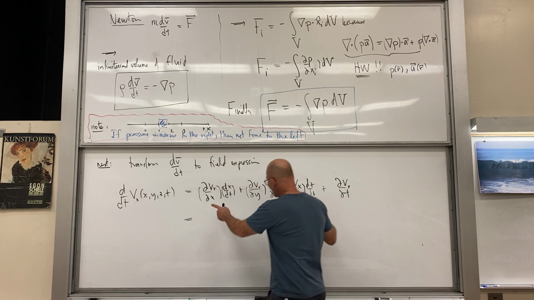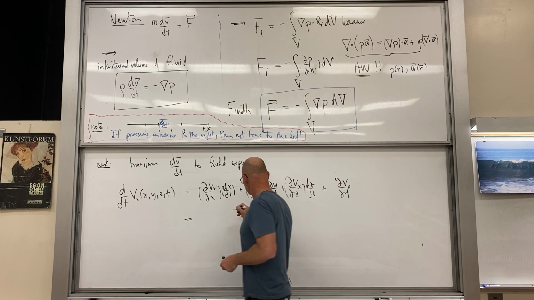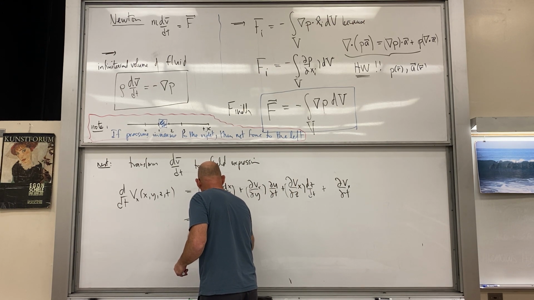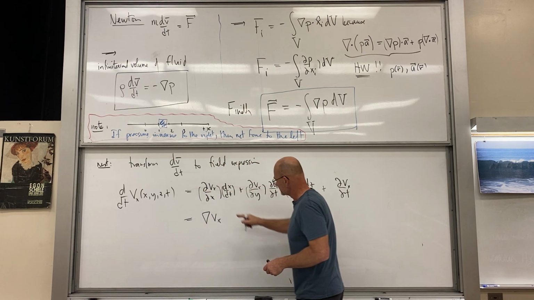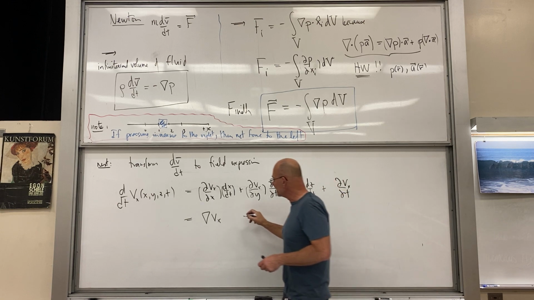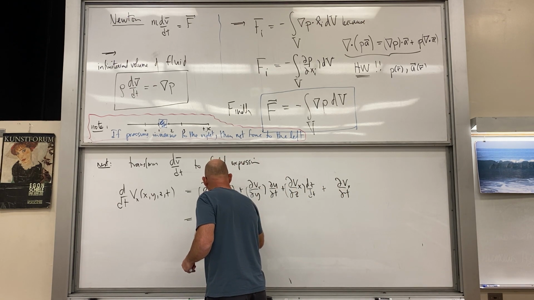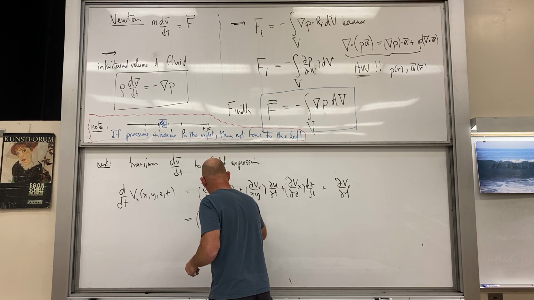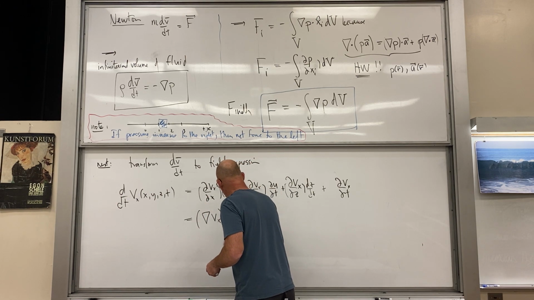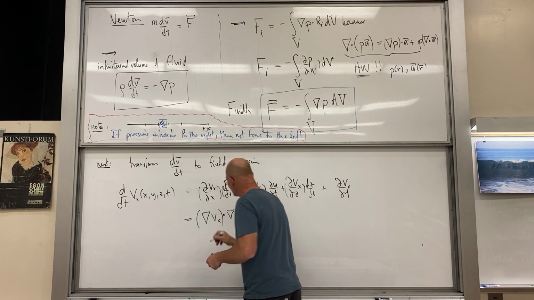And then we have a scalar product here between what we could call the gradient of Vx, dVx dx, dy, dz, dotted into the vector v.